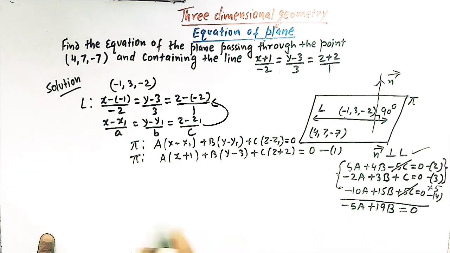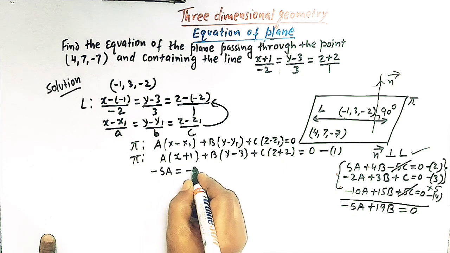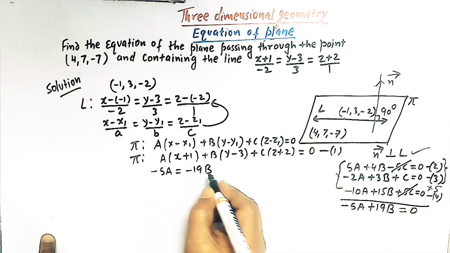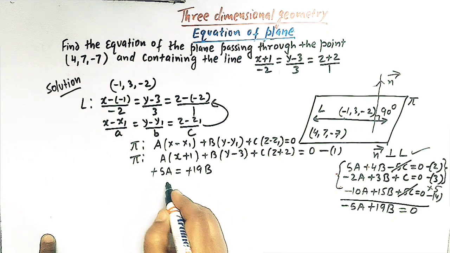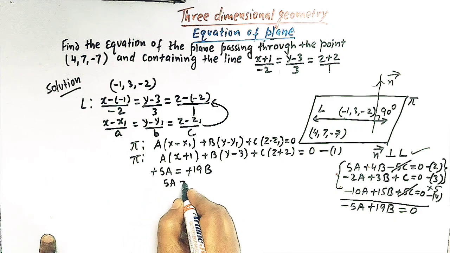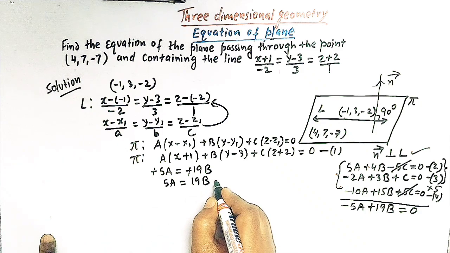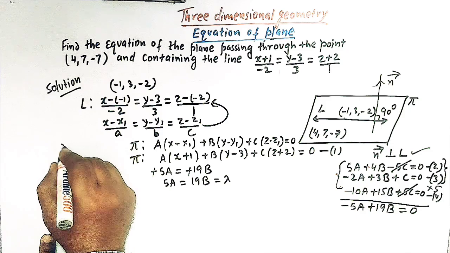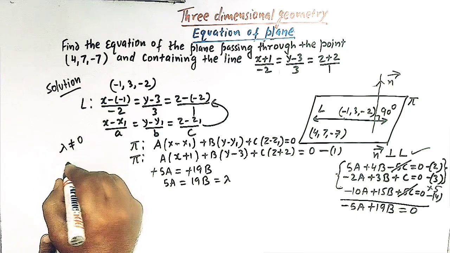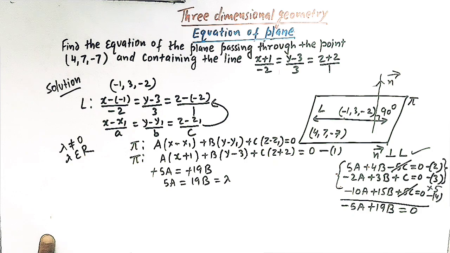So we can write -5a = -19b. The negatives cancel, and we have 5a = 19b. Now let us introduce a scalar, lambda, where lambda is not equal to 0 and belongs to the set of real numbers.